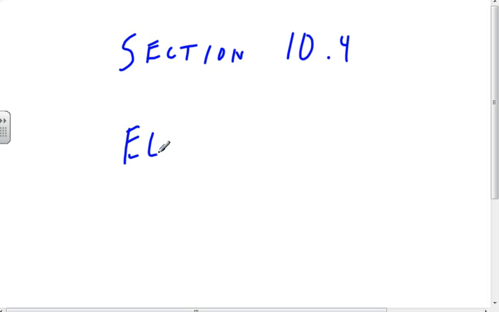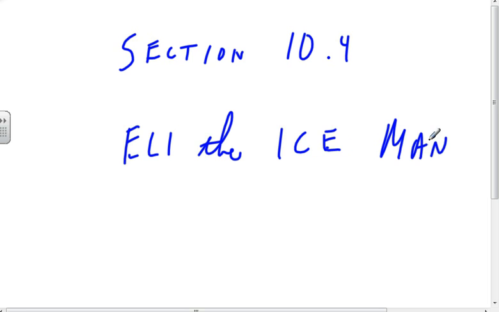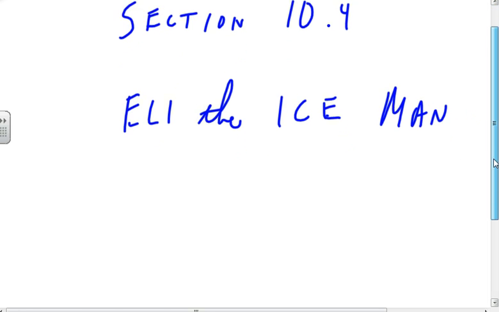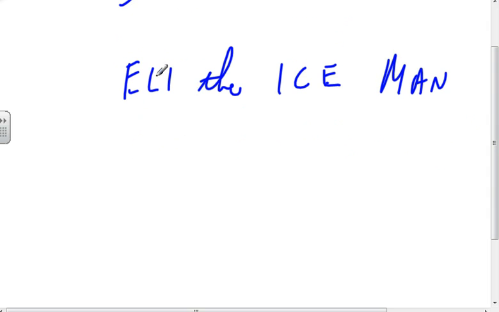So Eli, the Iceman, delivered the ice. Because we remember that from our childhood very vividly, we remember that in an inductive circuit, the voltage leads the current.